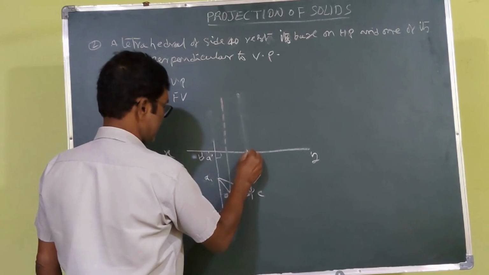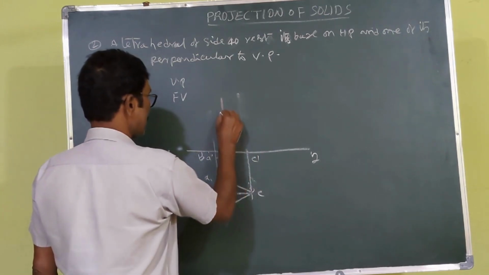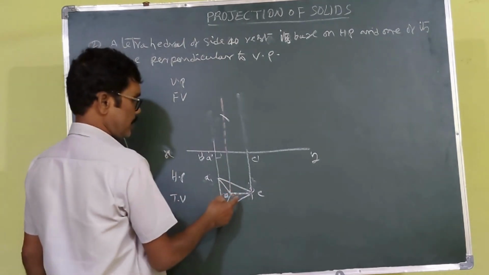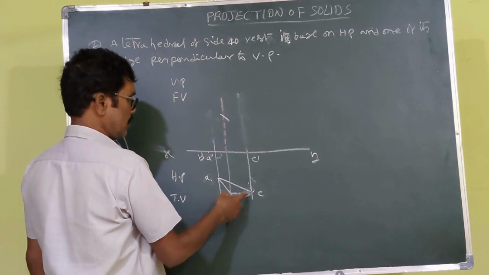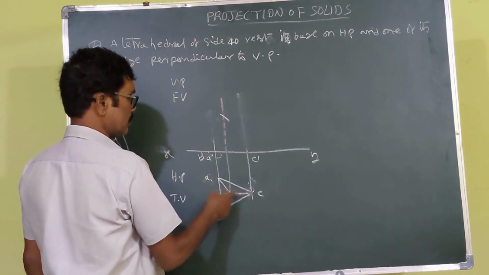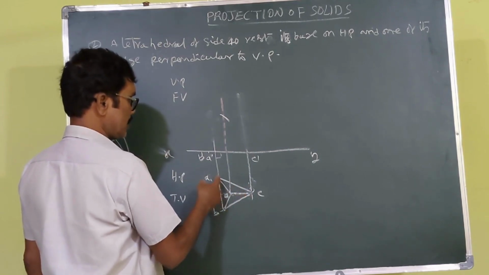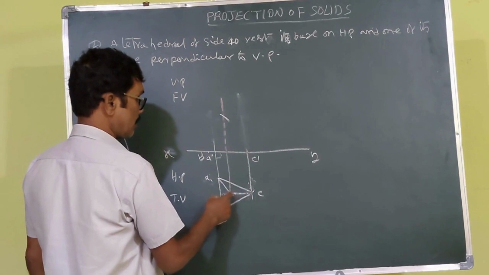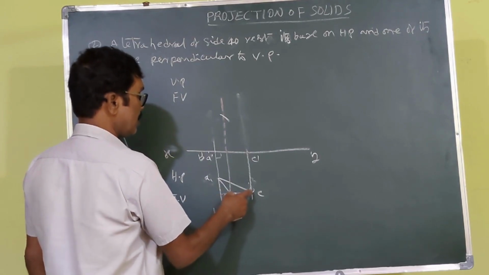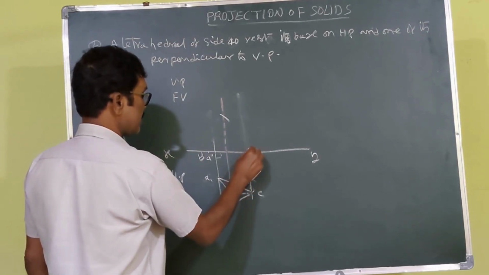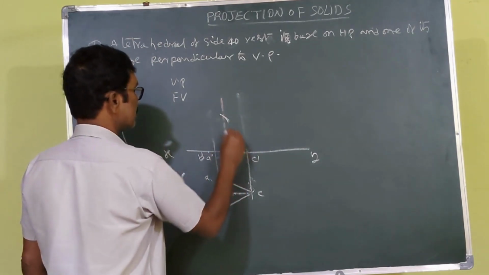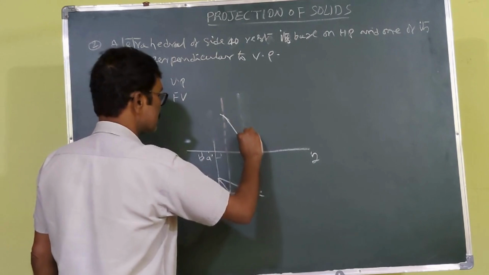So with C as the center and 40 as the radius, you cut the axis. Please clearly understand here. OC is the true length. If you set up in this position only, you can get the true length of the tetrahedron. So C dash as the center and 40 as the radius, you cut the axis, so that you can join this.